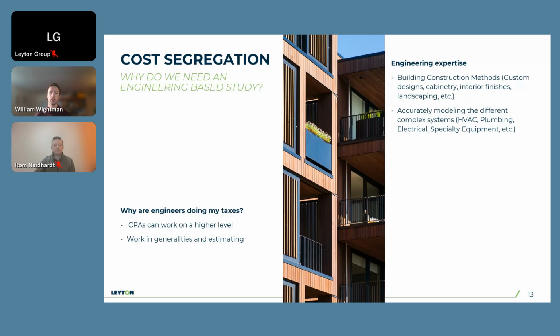For example, as Ram mentioned, and I have them listed here, as part of the building construction you've got cabinetry, interior finishes like flooring and wall coverings, and then you've got the landscaping, the parking lot pavement, sidewalks, all of that, and then the complex systems that run the building: the HVAC, plumbing, electrical, and any kind of specialty equipment that you may be using to manufacture your own product or anything like that.